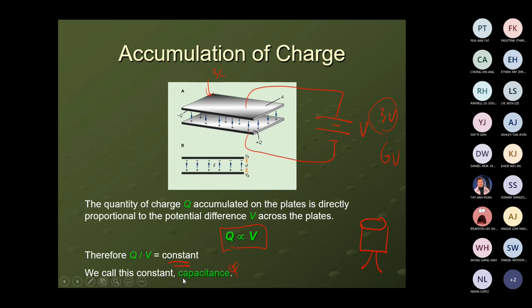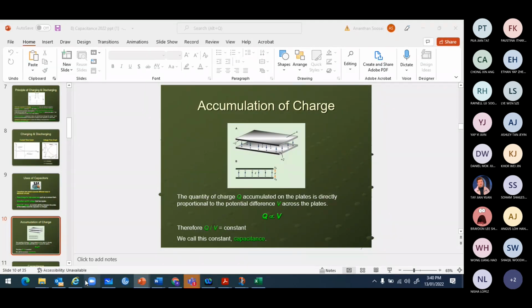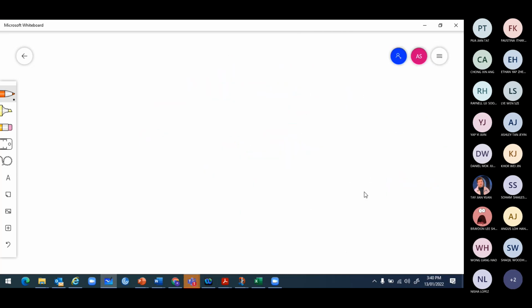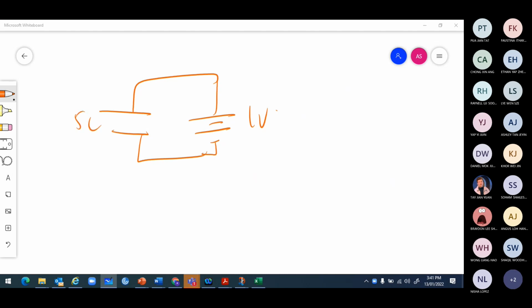Capacitance is the title of the topic. If the capacitor can store more charge per unit volt, we can say it has a greater capacitance. Let's say you have a capacitor, you apply a battery, you give 1 volt, you store 5 coulomb of charge.